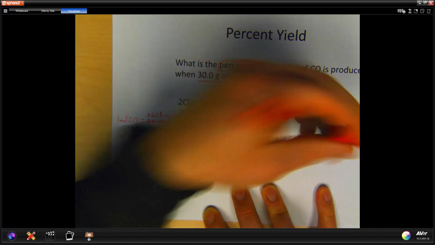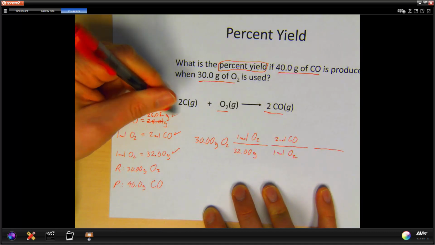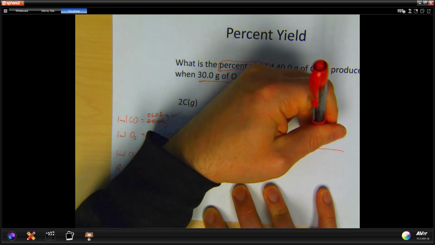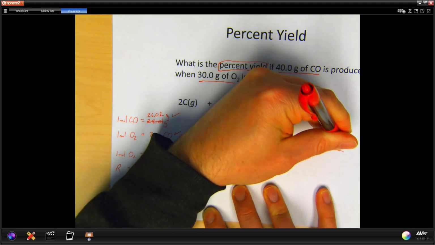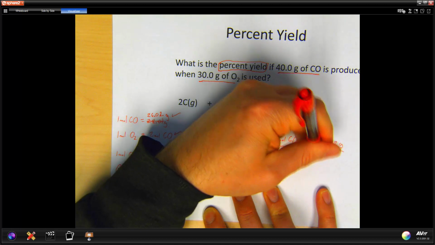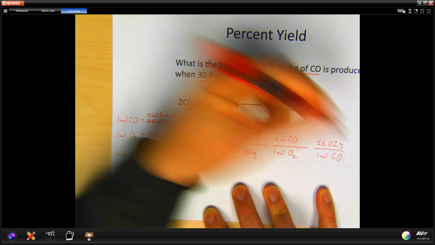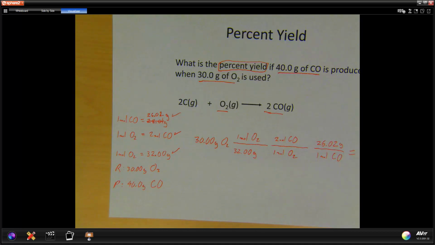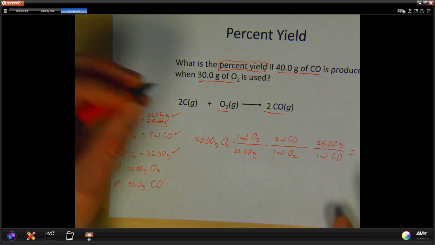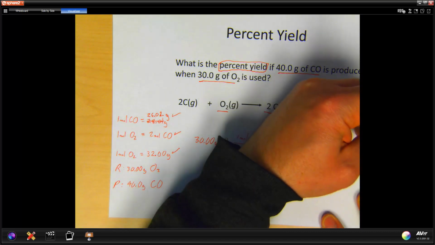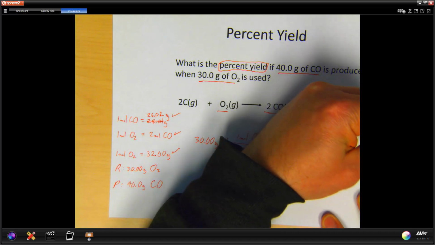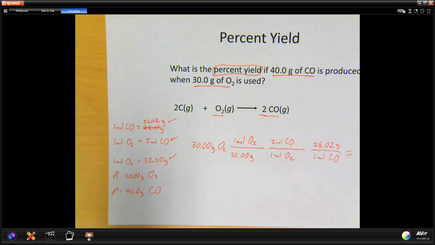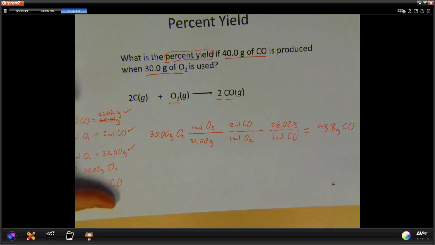And then finally, we use our molar mass for the product, 26.02 grams on the top, 1 mole of CO on the bottom. When I do the math here, I get 48.8 grams of CO. What we have just found is the theoretical yield of our product, carbon monoxide.